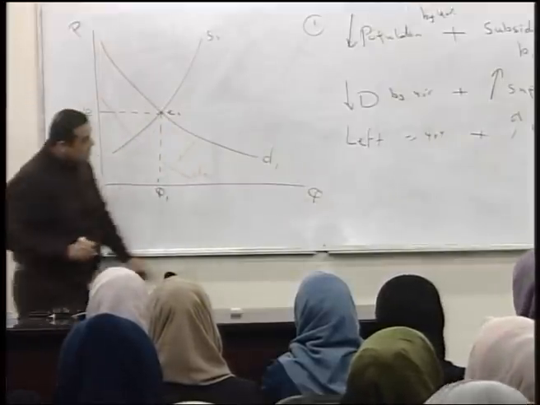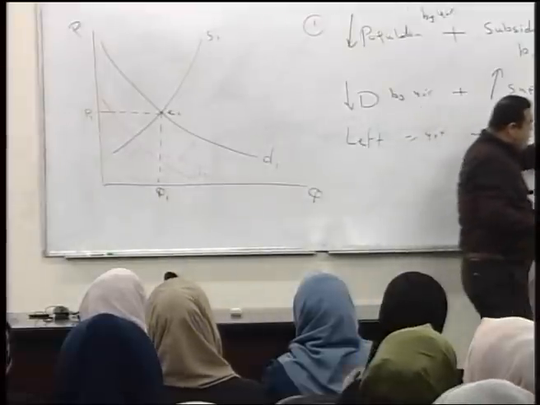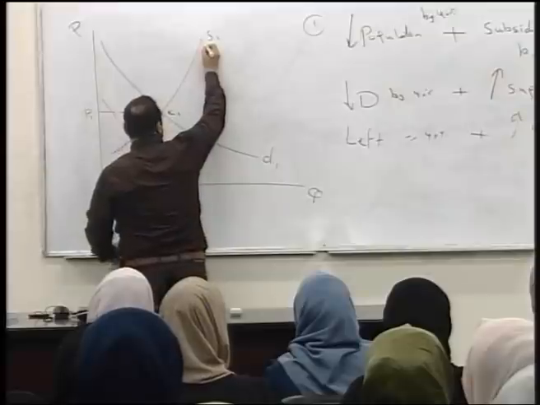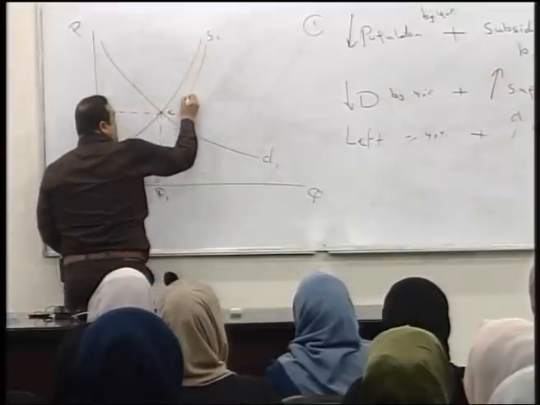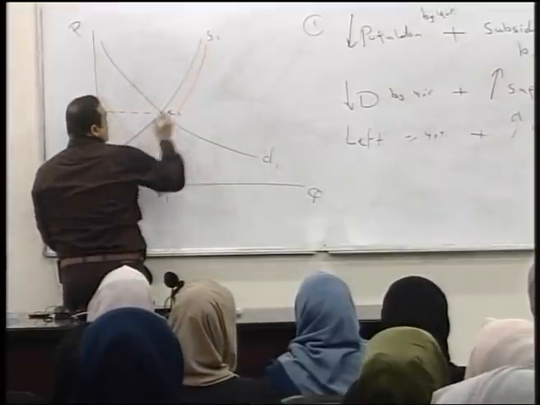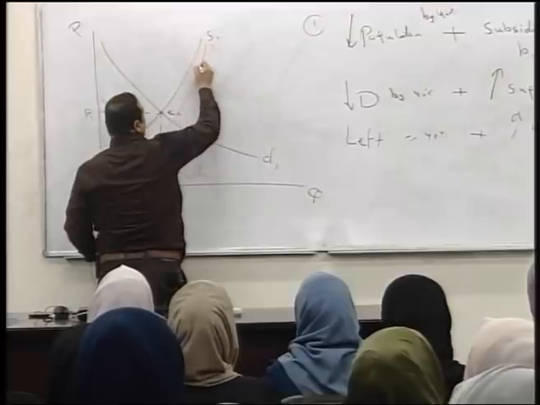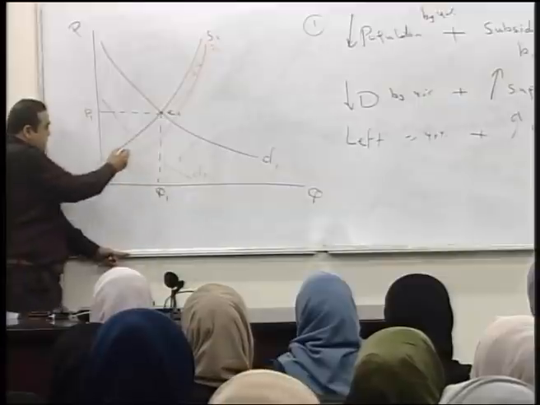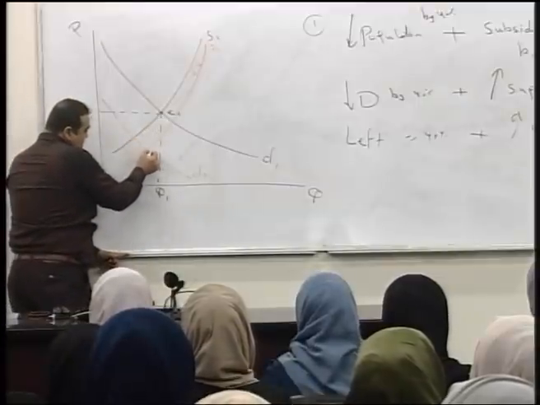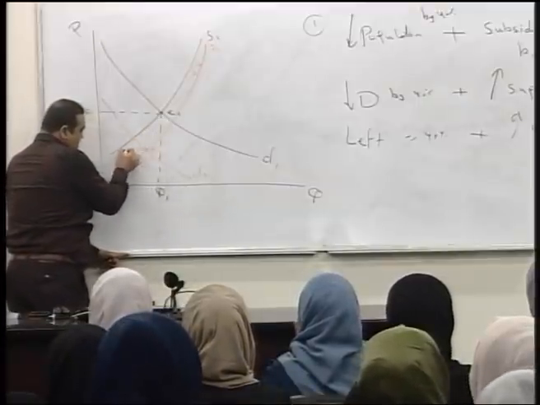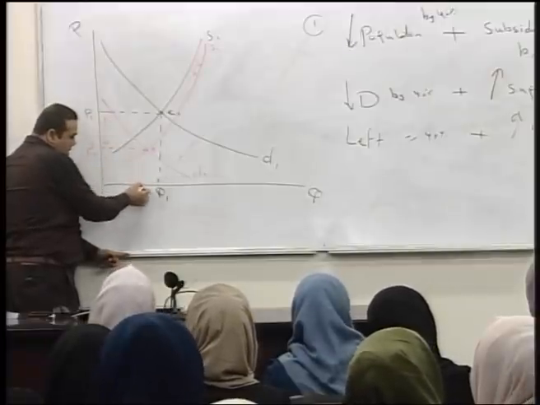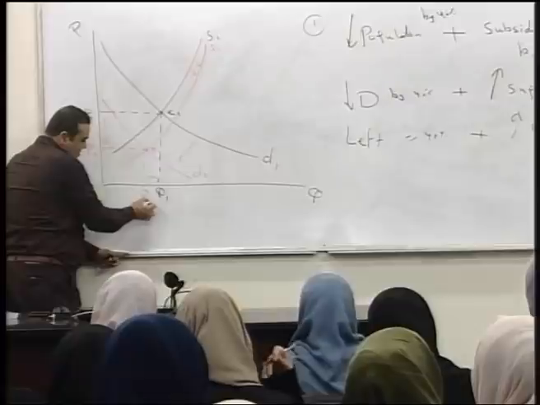And supply goes up by 20%, to S2. The same result you reached. We have a new equilibrium E2. The price goes down and the quantity goes down as well.